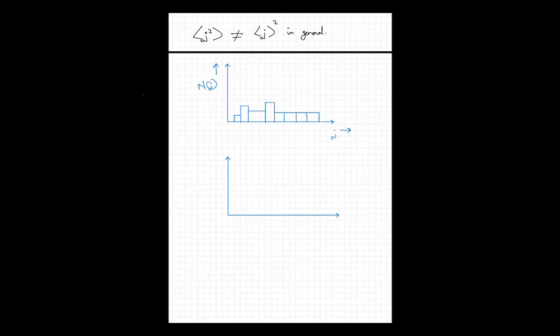So if I plot your ages, n of j against j, I get a very different distribution. Somebody with 21 years, somebody with 22 years, a whole bunch of people with 23 years, and one guy with 24 years, something like this.